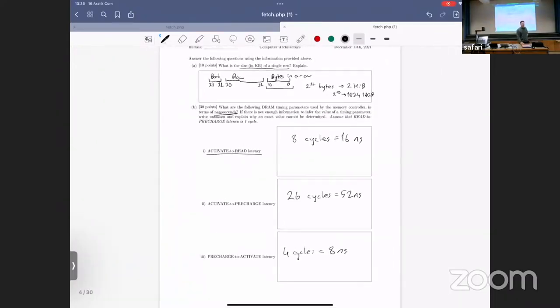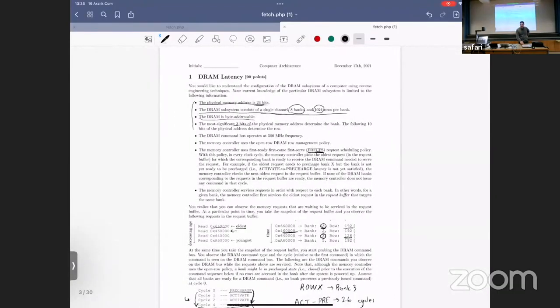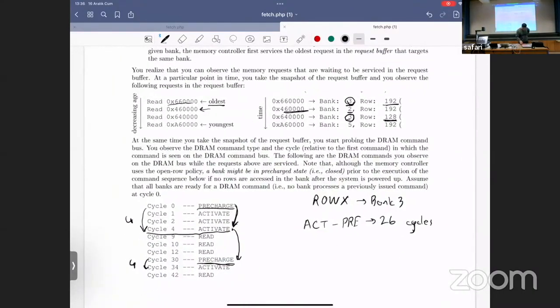Any questions here? Yes. This one. So if it was not targeting bank 3, let's say, we would expect it to be scheduled here.